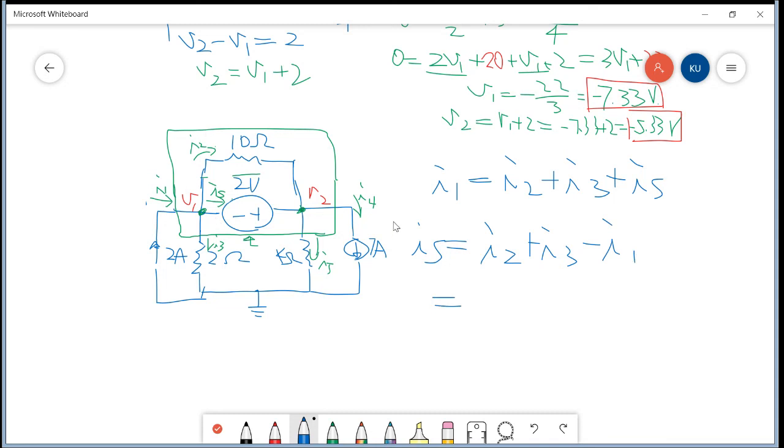So for I2, it should be V1 minus V2, which is minus 2 volt, over 10, minus 2 volt over 10.